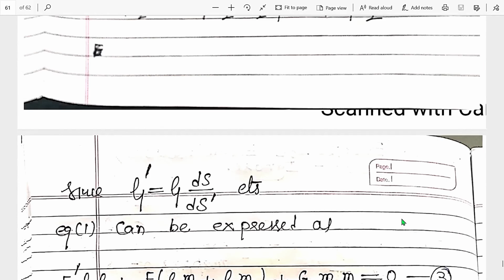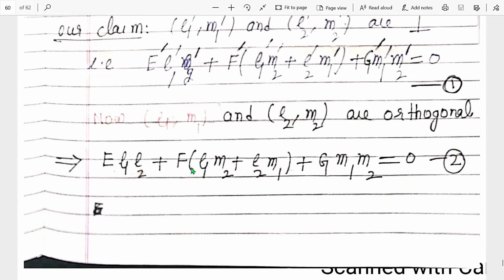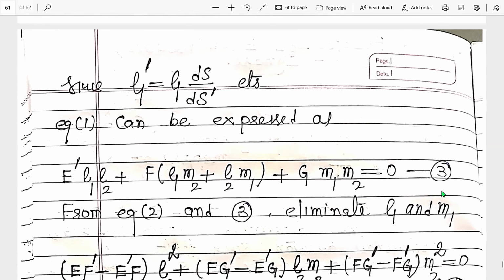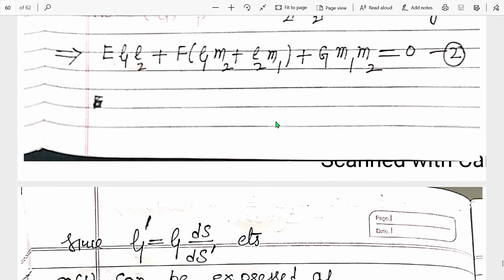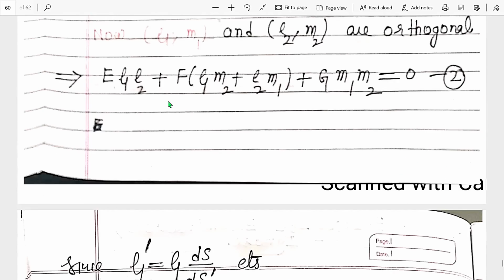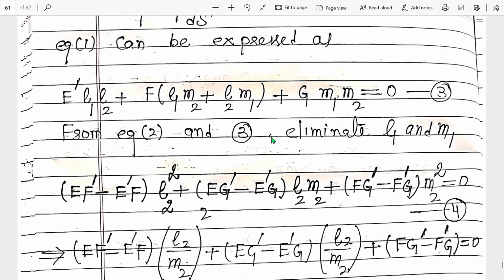Now from equation number 2, this is the equation that we want to prove. Equation number 1 is given, and equation numbers 2 and 3. If 3 is satisfied, and 2 is given, from equation number 2 we can find L1, L2. So from equation number 2 we eliminate L1 and M1.